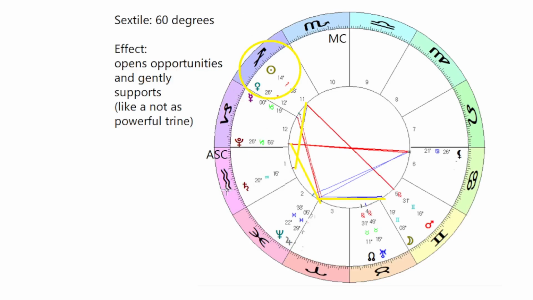So their effort, their hard work to serve the community is being supported, and this probably works the other way too. So them being a leader of the people probably opens up opportunities for them to take on more responsibility for other people. So that sextile is working both ways, and that's often how the sextile will work in the birth chart.